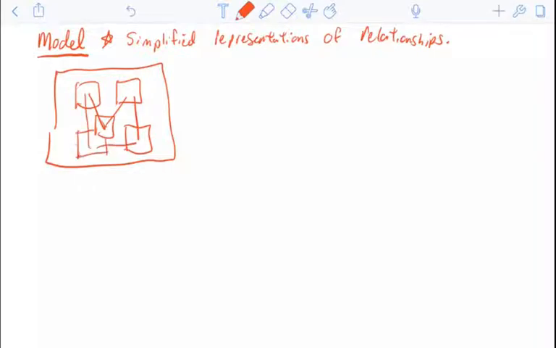And what we're going to do is ignore the details. Maybe you'll get a problem about pigs, or a problem about chickens, or a problem about money, or something like that. And we're going to reduce all of the complexity down to a few mathematical expressions, which we then say, okay, these are not the actual relationships, but they're a model of the relationships, a mathematical representation of those relationships, which we can then solve.